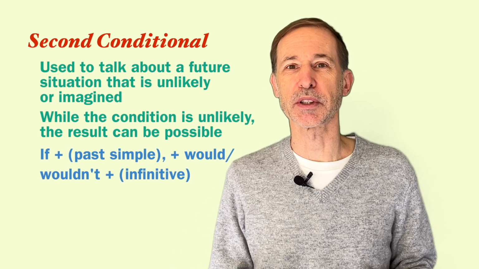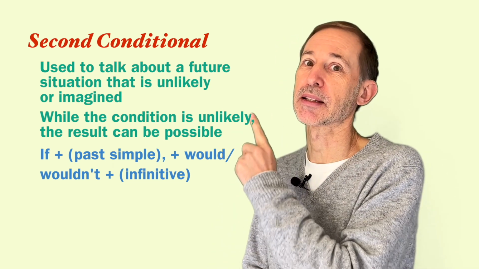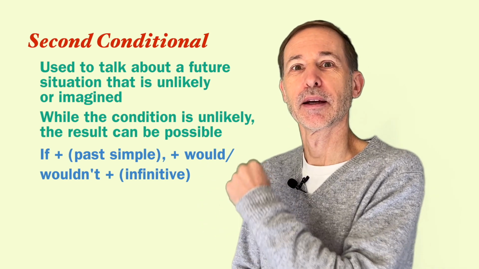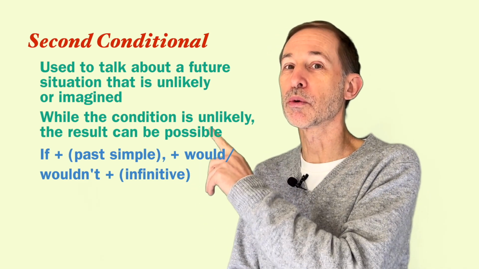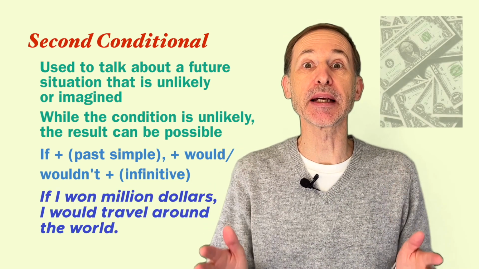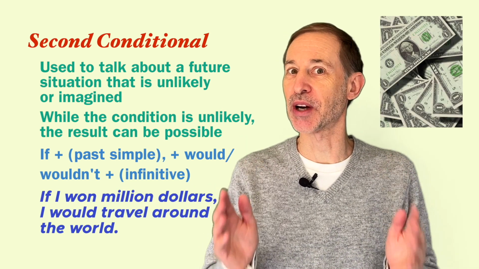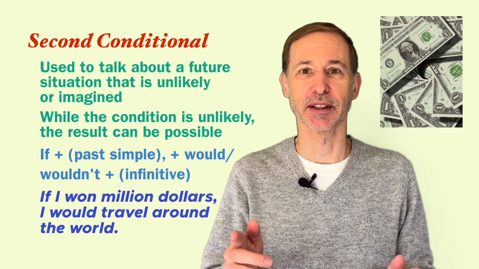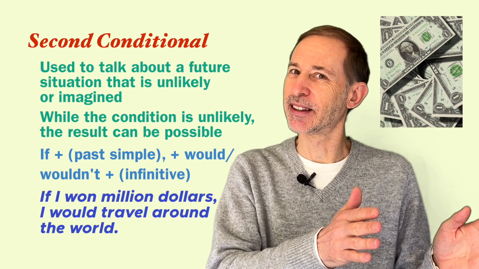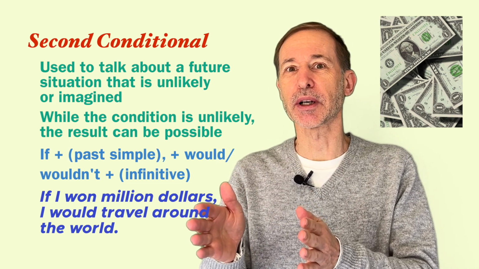And it's formed using if plus the subject plus past simple, comma, subject would or wouldn't plus the infinitive. If I won $1 million, I would travel around the world. So if I won $1 million, it's unlikely. I would travel around the world.